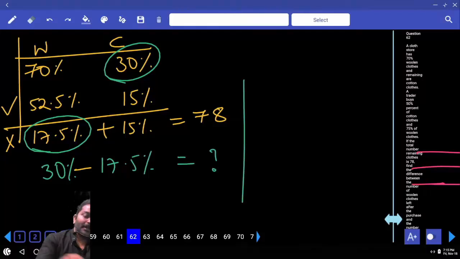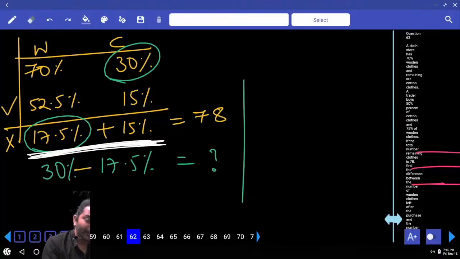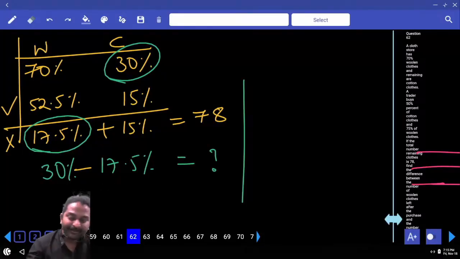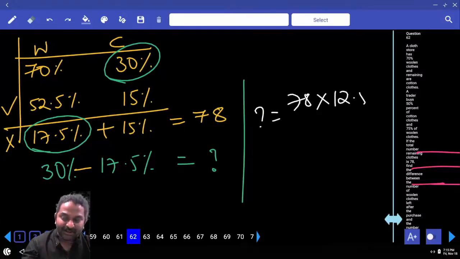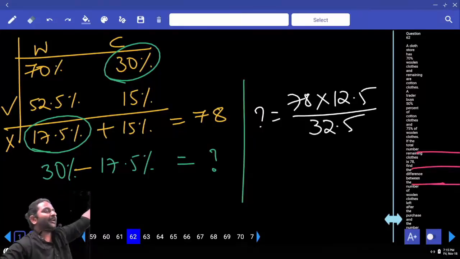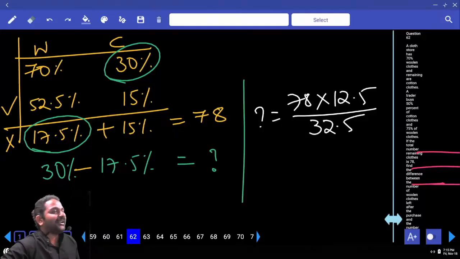Correct. Now, let's see this. 32.5, and how much is this? 12.5. Then the question mark is equal to 78 into 12.5 divided by 32.5. Can I take both numerator and denominator values as 125 and 325?